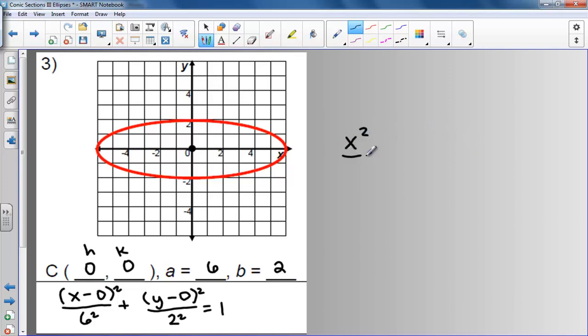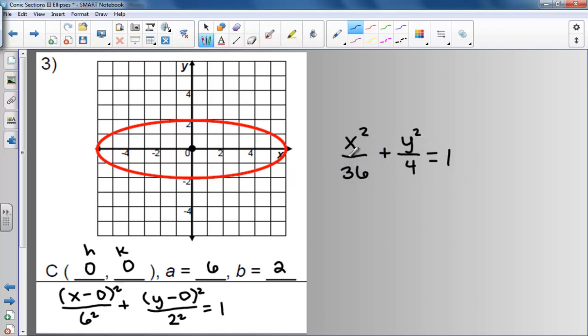X squared over 36 plus y squared over 4 equals 1. So when you see a numerator with nothing but your variable here, then your h value is a 0 or your k value is a 0.